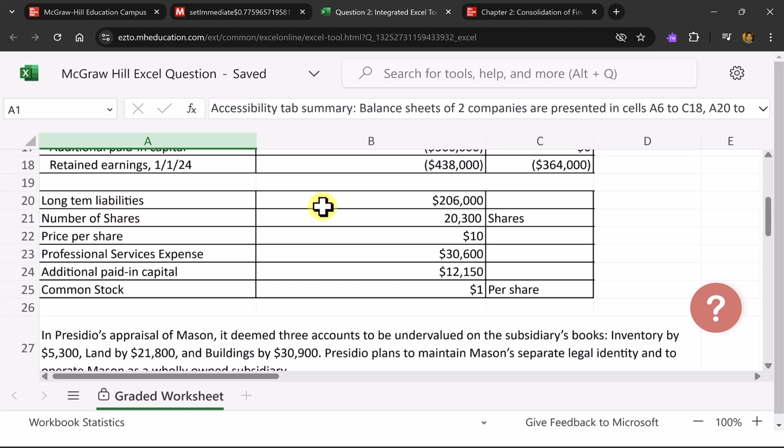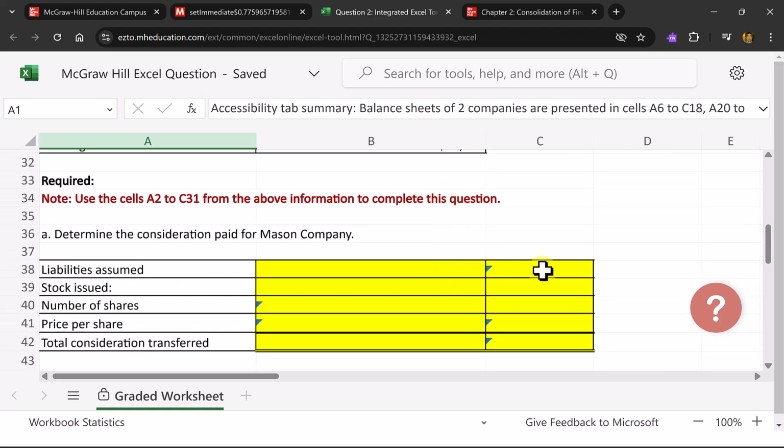Again, this is what Presidio is issuing out to get funds, either giving a promissory note or bonds to the current owners of Mason, or just selling it and using the cash and giving that to Mason. So that's this 206,000. So let's put that in the formula.